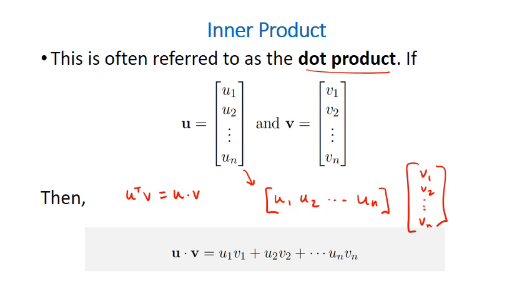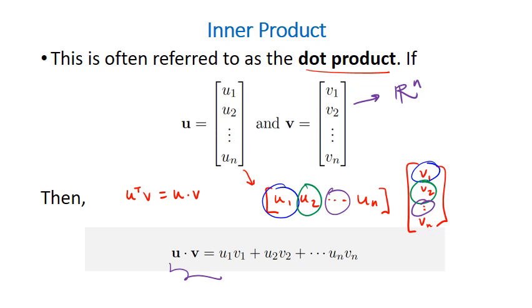The dot product is just taking this times this, plus this times this, plus this times this, and so on and so forth. These are vectors in Rn, and this is the inner product, also known as the dot product.